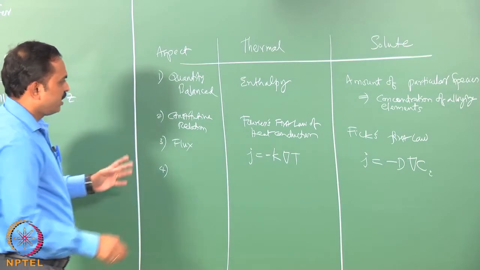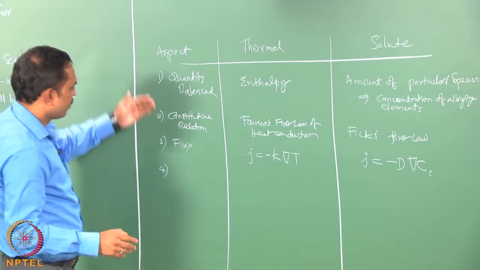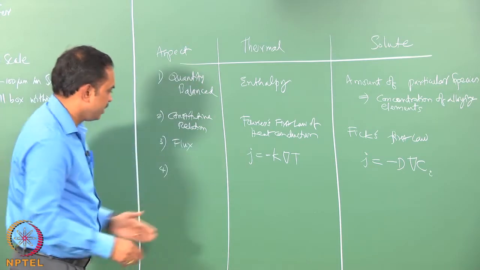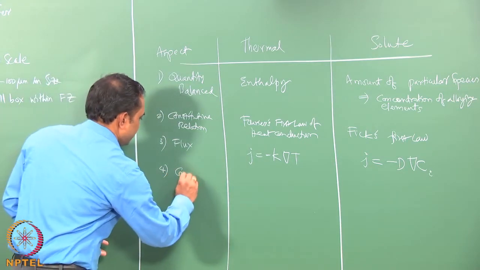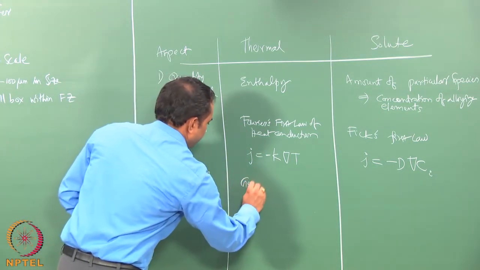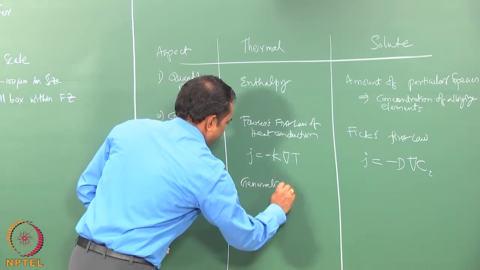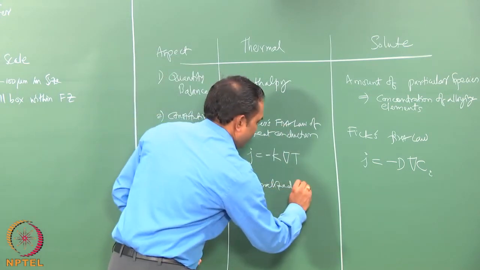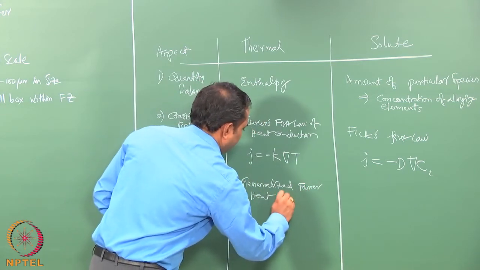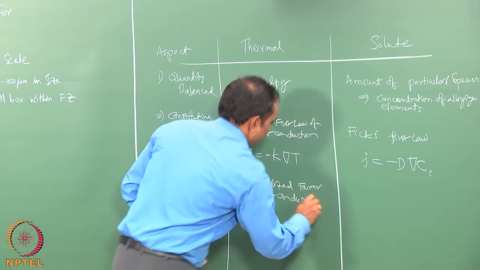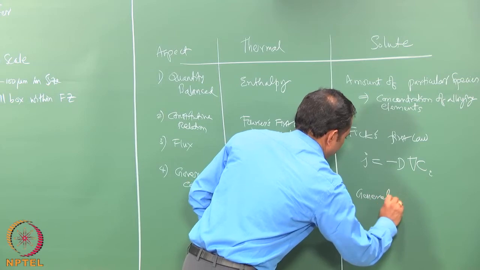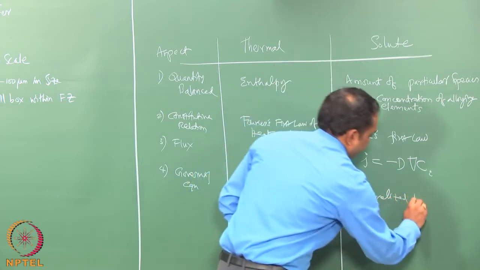And what would be the further steps? We would see that you could write the final equation, which is basically generalized. So, the governing equation is nothing but the generalized Fourier heat conduction equation, and in this case it will be the generalized Fick's law.